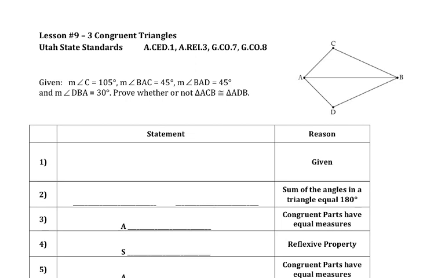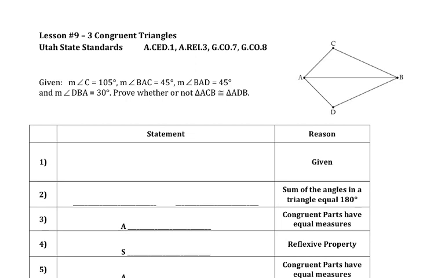For each of these proofs, we're going to want to make sure that we state all the given things in our box that we're given. Okay? And we're also going to want to mark them on the figure in the top right corner of our screen right now. Okay, the triangle ABC and the triangle ADB, or ABD. Order matters. Remember that.